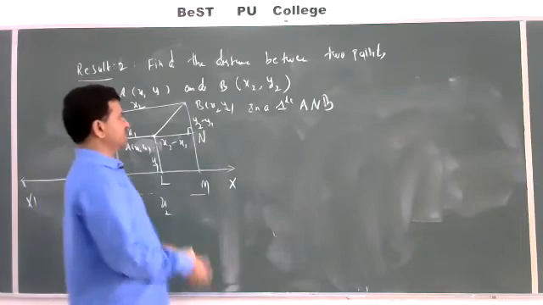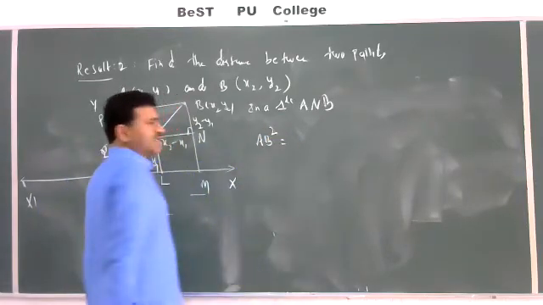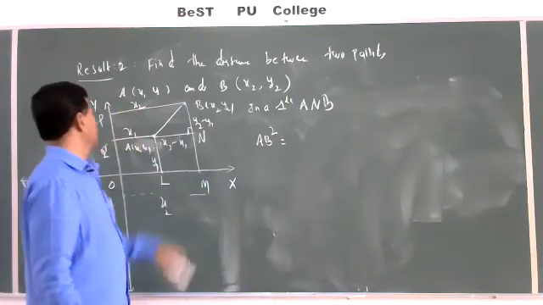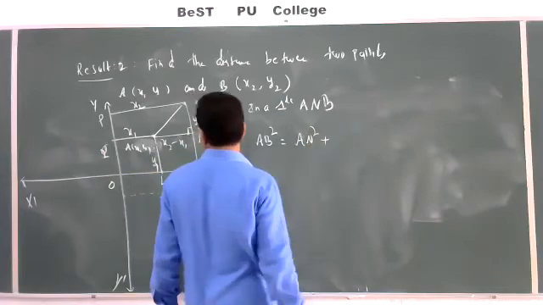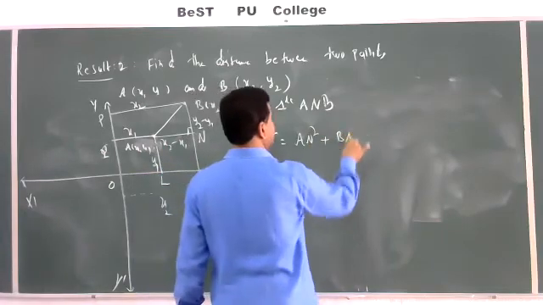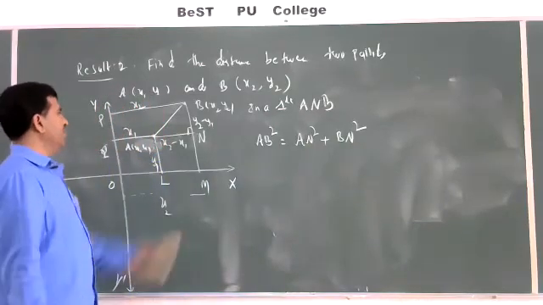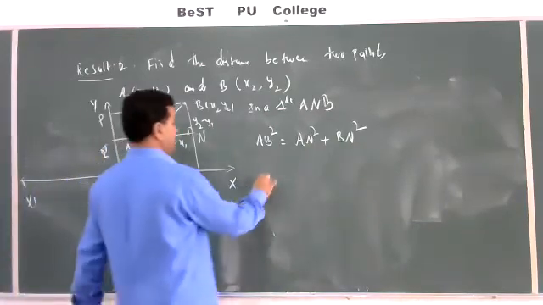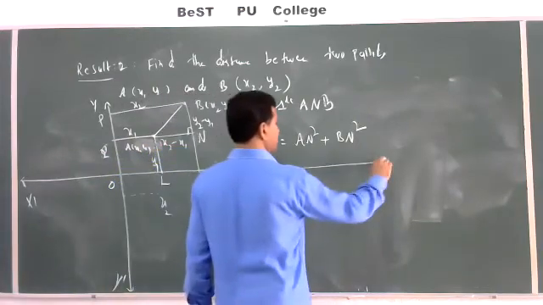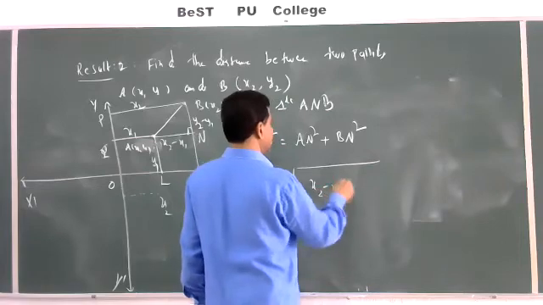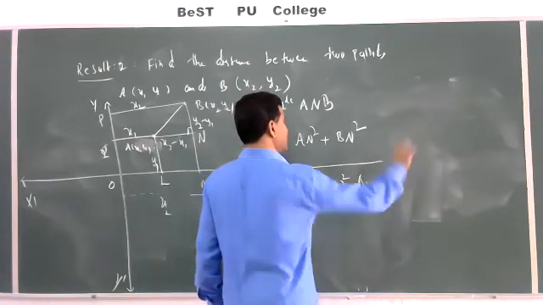AB square is equal to, using Pythagoras theorem, hypotenuse square is equal to side square plus side square, AN square plus BN square. Applying AN value and BN value, already we have. So AB is equal to square root of x2 minus x1 whole square plus y2 minus y1 whole square.